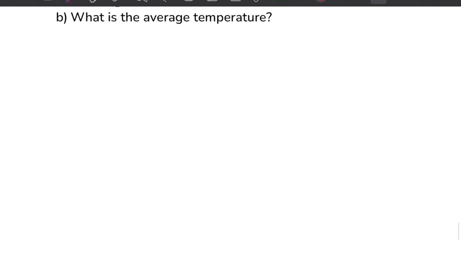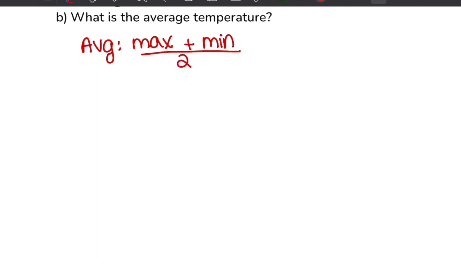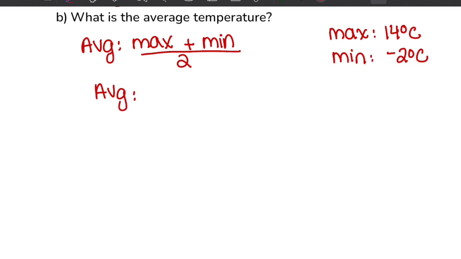What is the average temperature in this case? So we can use our formula, which is average is equal to the maximum temperature plus minimum temperature divided by 2. Our maximum temperature in this question is 14 degrees Celsius, and our minimum or lowest temperature is -2 degrees Celsius. So let's substitute into our formula.